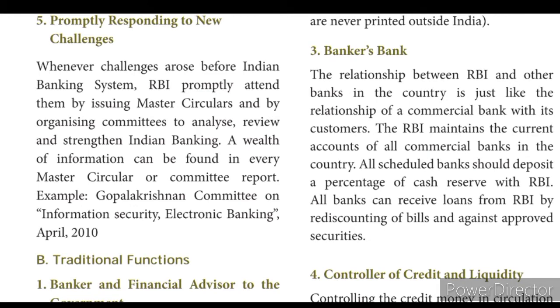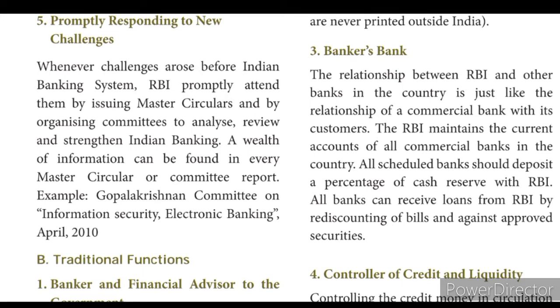The RBI maintains the current accounts of all the commercial banks. So they are the people who are handling the current accounts for all the commercial banks in the country. And all the scheduled banks should deposit a percentage of cash reserve with the RBI. All the banks can receive loans from the RBI by discounting of bills and against approved securities.